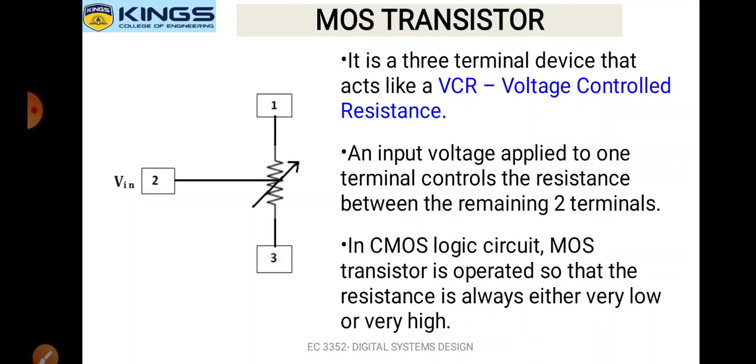So in a CMOS logic circuit, the MOS transistor is operated so that the resistance value is always either very low or very high. This is the reason I told you in the previous slide. Since in CMOS logic, the MOS transistor is the basic building block, it will be either very low or very high.